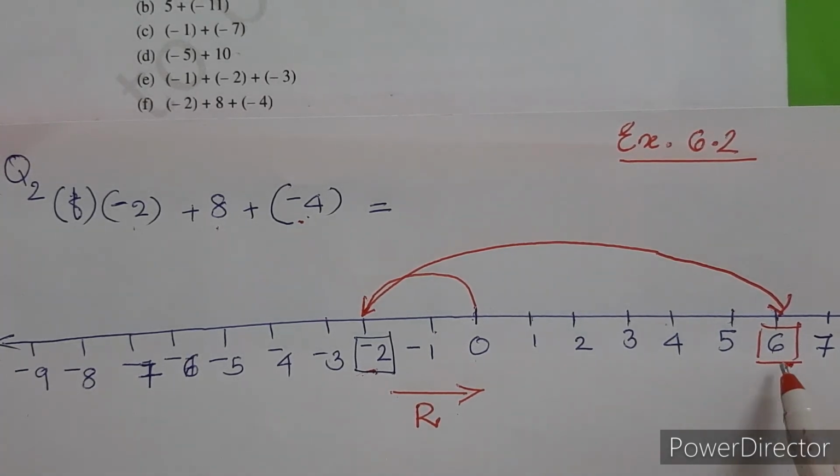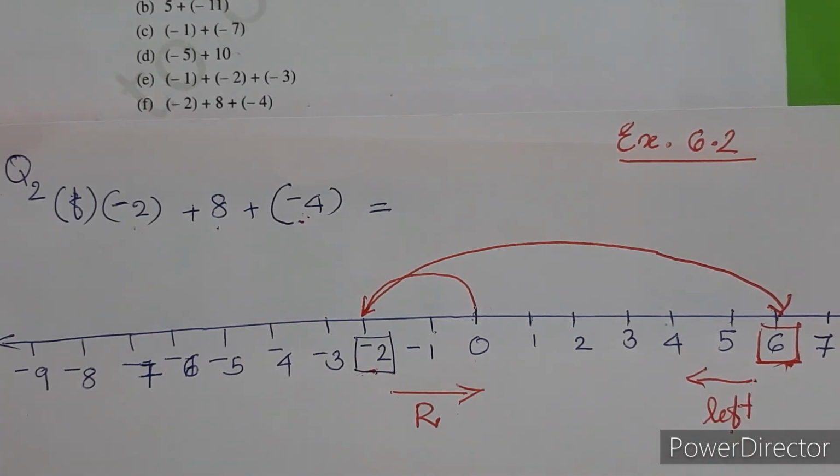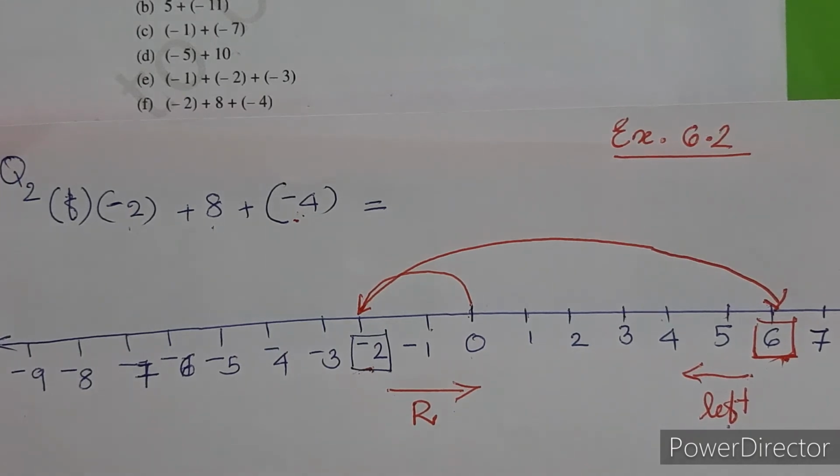So this is the second starting point, right? This is the left direction of this starting point, because here we have minus 4, a negative integer.